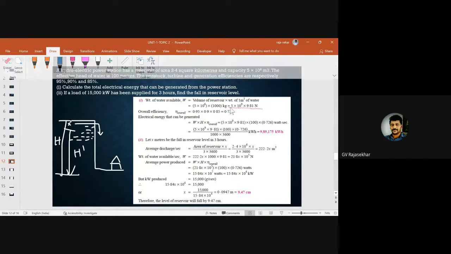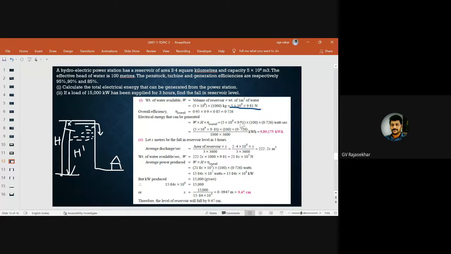Overall efficiency is equal to 0.95 into 0.9 into 0.85, that is 0.726. Multiply all three efficiencies and you will get the overall efficiency. Now, the electrical energy generated is equal to WH into overall efficiency. So W is calculated, H of 100 is given, and the overall efficiency we have calculated here. So the energy in kilowatt hours is equal to this one.